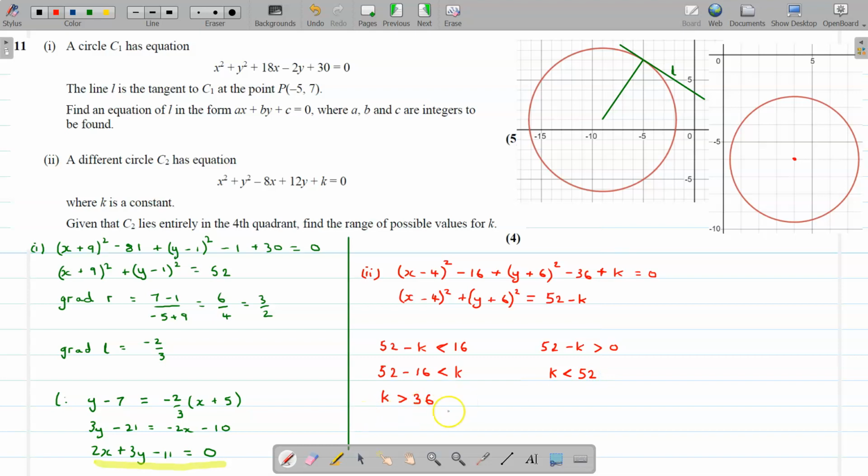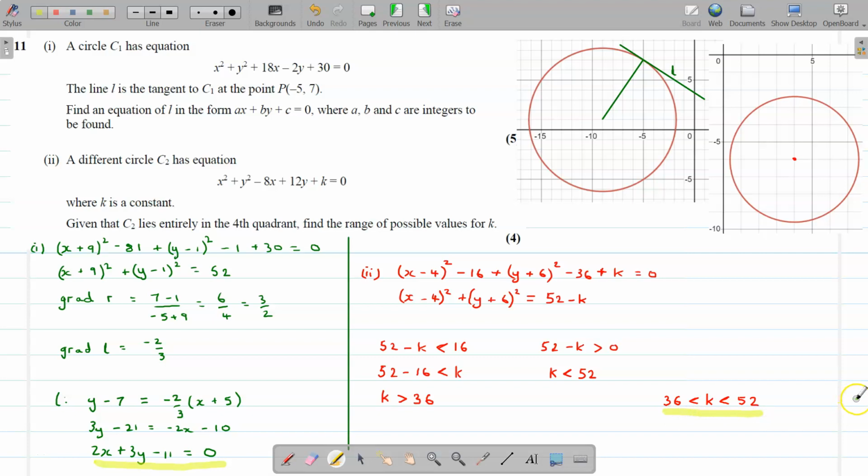We can put that into a single inequality and answer the question, and that is that 36 is less than k, and that in turn has to be less than 52. And anywhere within that range will give a circle with that center that stays in the fourth quadrant.